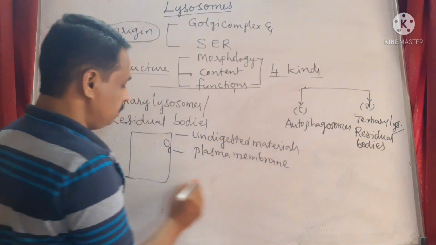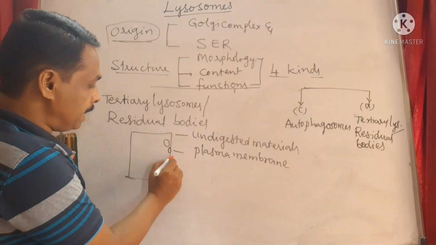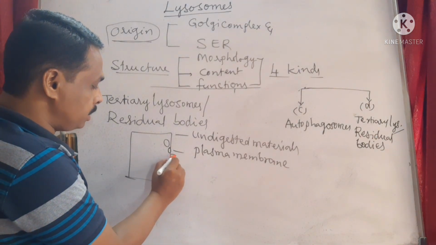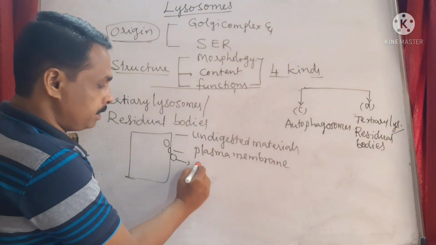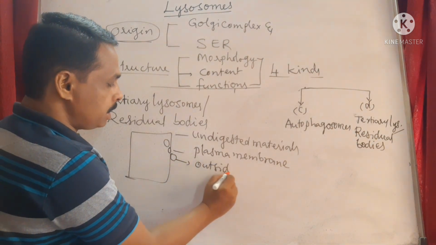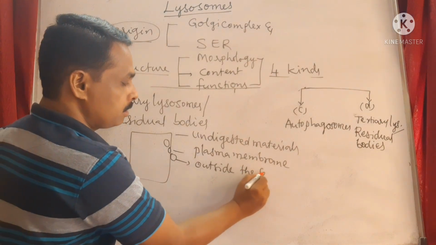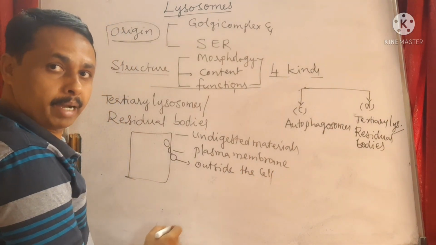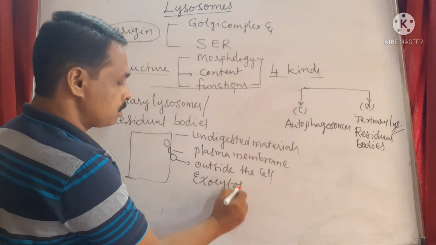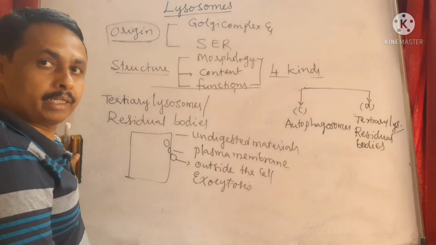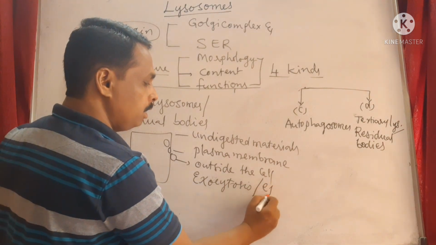They discharge their content outside the cell by the process called exocytosis. This is otherwise called effachy.